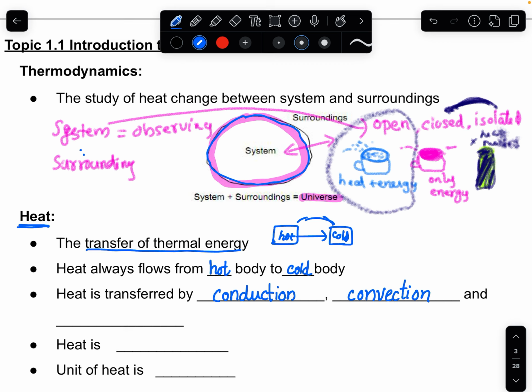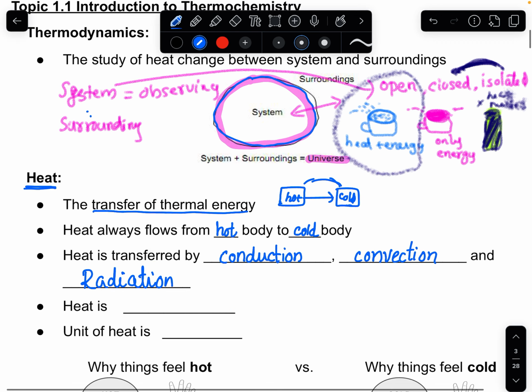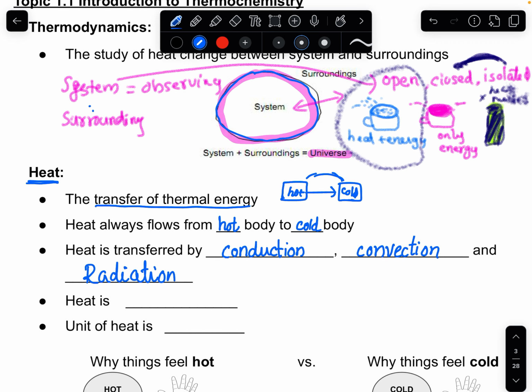And the last one: we know that we are getting energy from the sun in the form of radiation. There are so many radiations. We can't see or feel them, but we know there is that radiation. So these are the different methods of transfer.